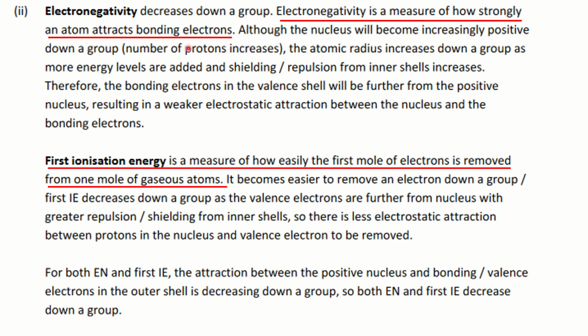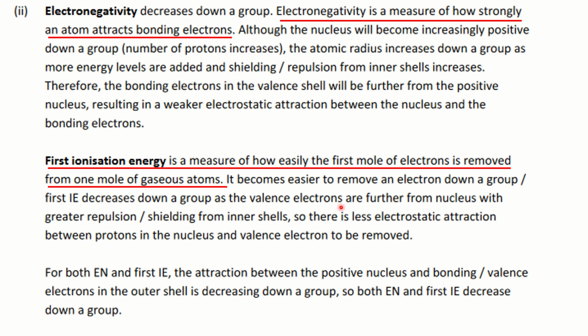Then, up here, they go on to explain the trend of electronegativity down a group. So the atomic radius increases down a group. The bonding electrons in the valence shell will be further from the positive nucleus, resulting in a weaker electrostatic attraction between the nucleus and the bonding electrons, which means the electronegativity decreases down a group. First ionization energy becomes easier to remove an electron down the group because the valence electrons are further away and have greater repulsion and shielding from inner shells.